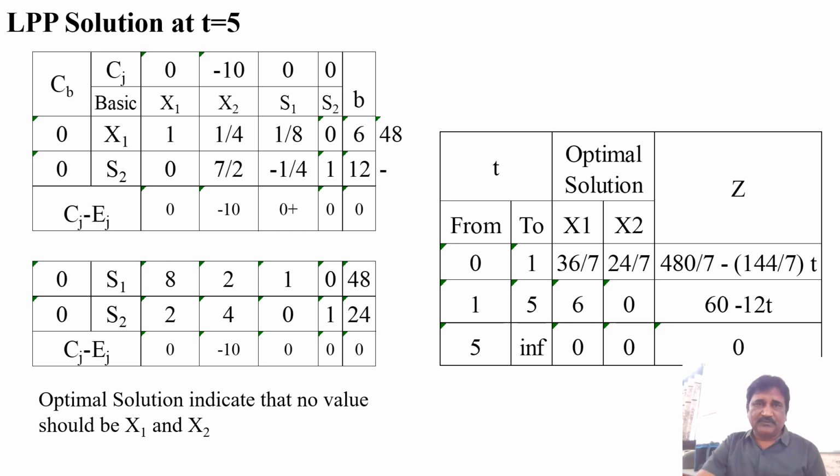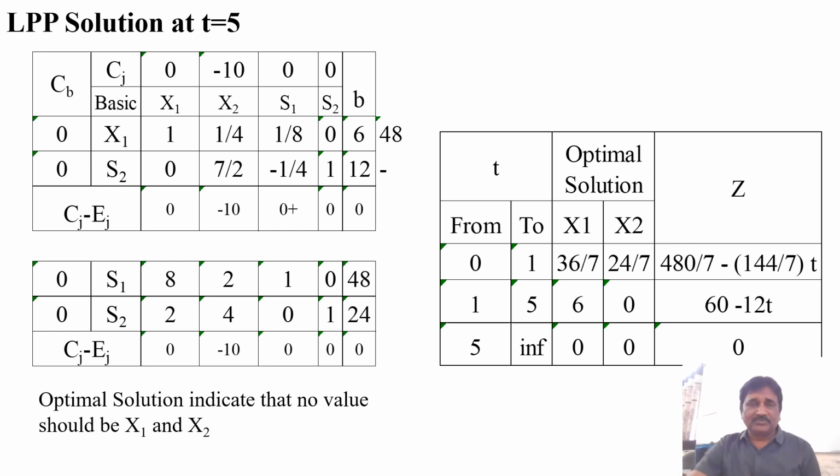So x1 will be replaced by s1, right? In the next iteration we get the variables s1 and s2, with their coefficients 0, and by doing the transformation to make this column 1 0, we get this table. And Cj minus Ej's are 0, minus 10, 0 and 0. Alright.